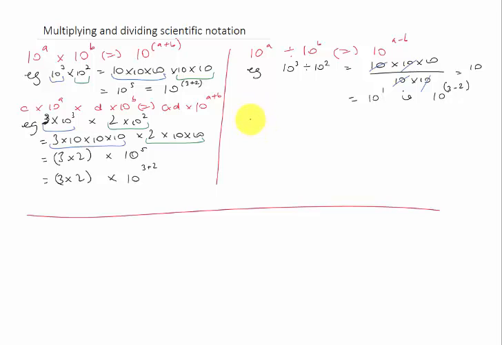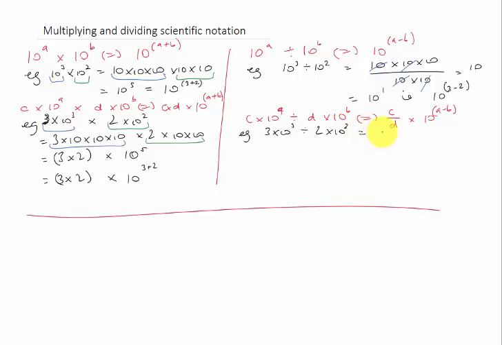And then how about if we've got C times 10 to the power A divided by D times 10 to the power B. There we divide the C and the D together, but then we subtract the two different exponents. I think that makes sense. So if we've got an example, let's say 3 times 10 to the power 3 divided by 2 times 10 to the power 2.